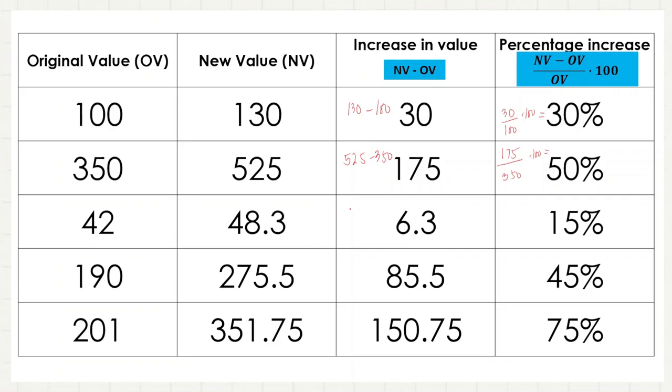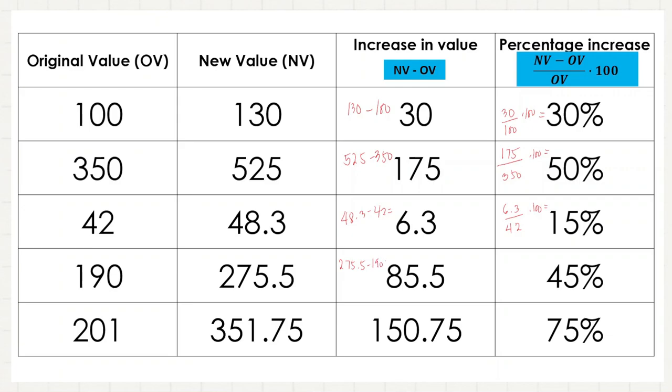For the third one, we have 48.3 minus 42, which is equal to 6.3. And then to get the percentage increase, we have 6.3 divided by 42 times 100, which is equal to 15%.